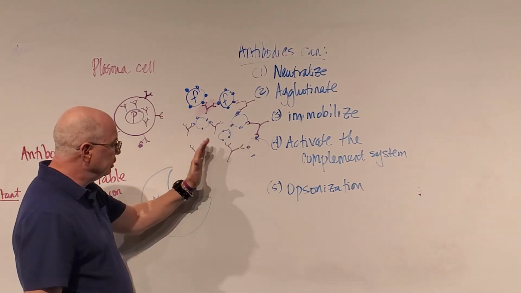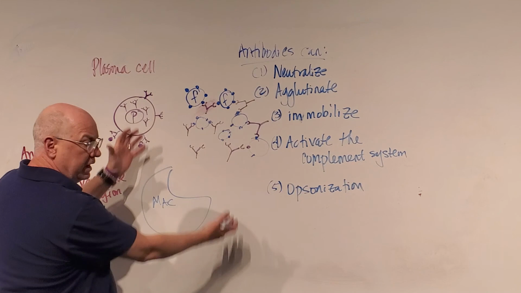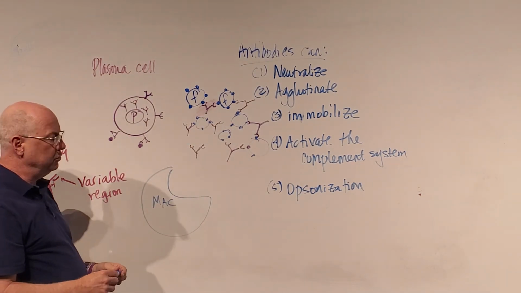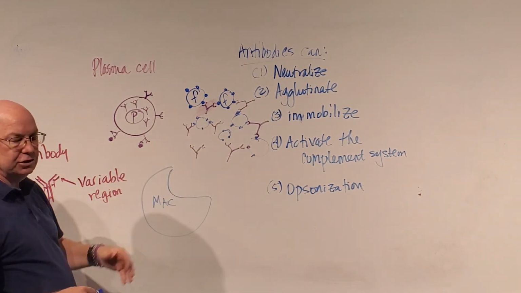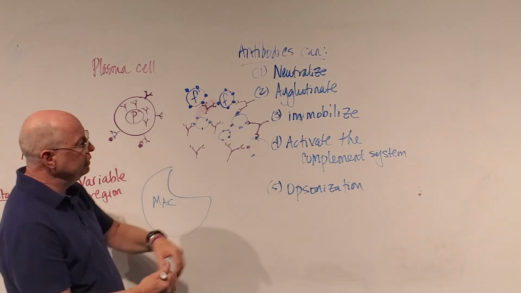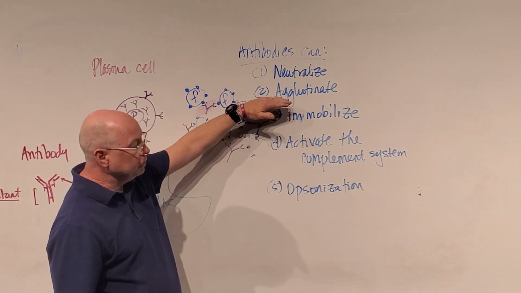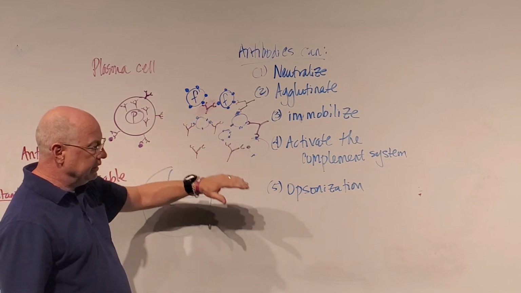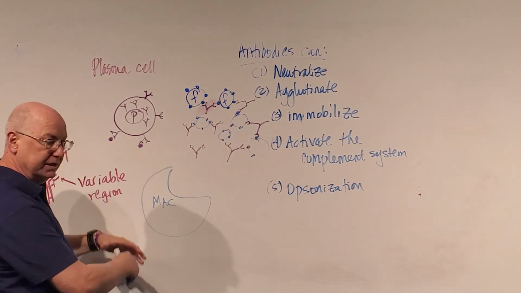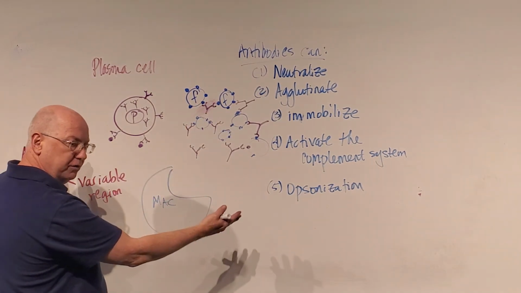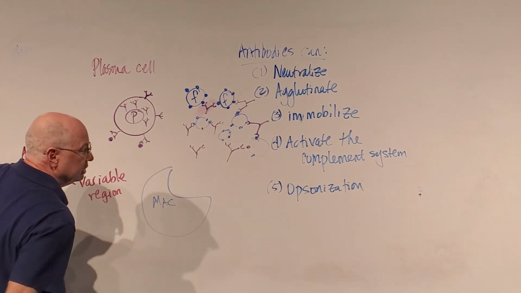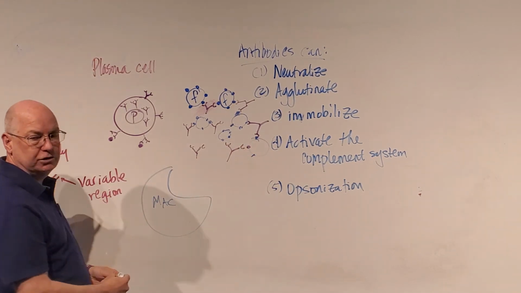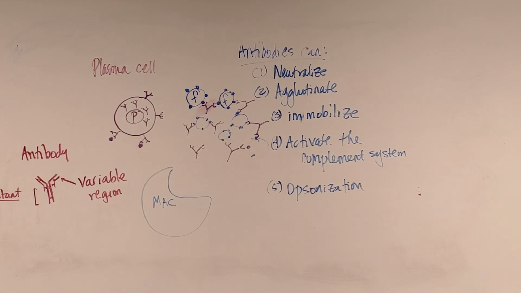So when we coat a cell with antibodies, macrophages will recognize them more readily and more easily and start to devour them. So not only will they agglutinate the foreign invader, they can also opsonize them, and with the inflammatory response and all the cytokines released, all of these other white blood cells will move in and attack them and help eliminate them.